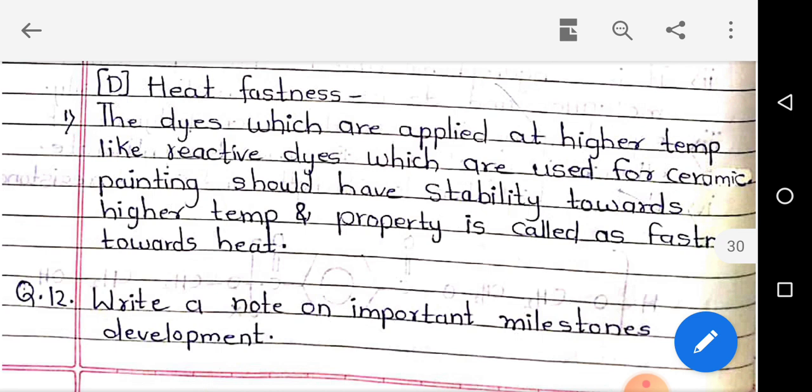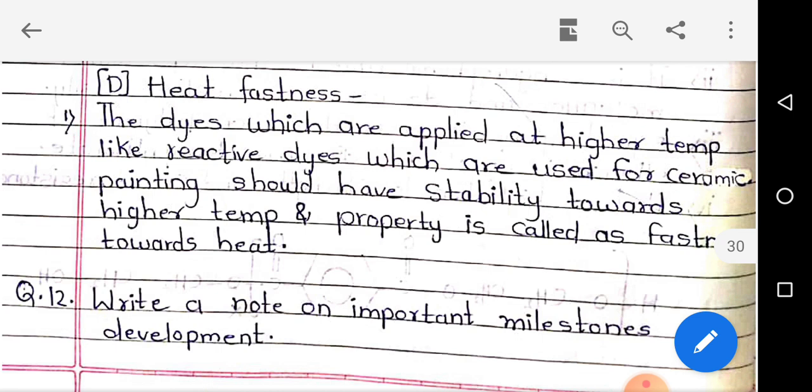But the dye applied to the ceramic material should also bear the high temperature, because we pour hot materials or high temperature materials into the ceramic materials. At that time, the dye applied to it should bear the temperature, otherwise it will be lost or not proper.